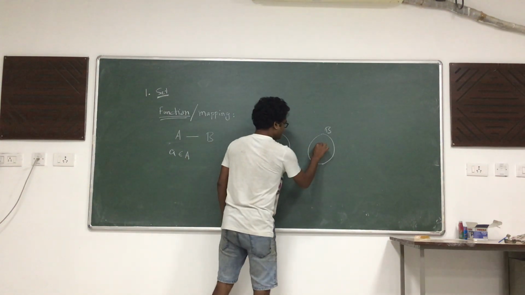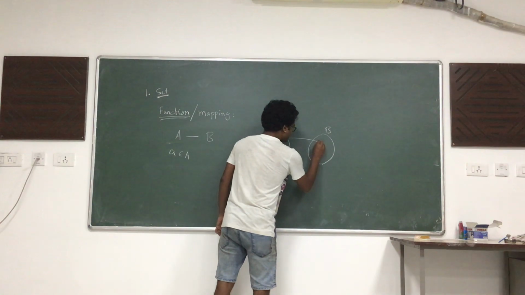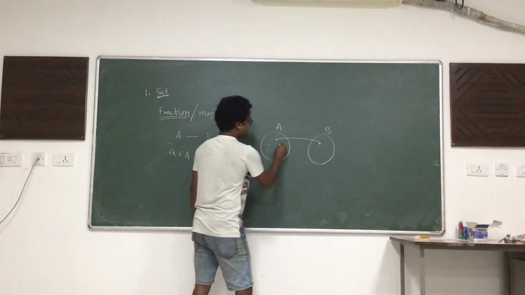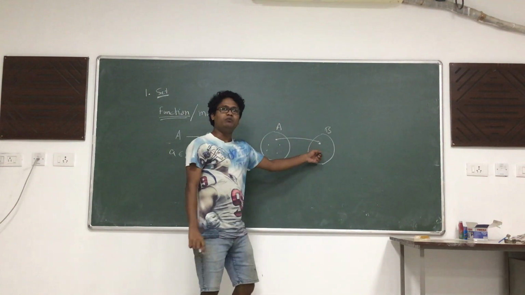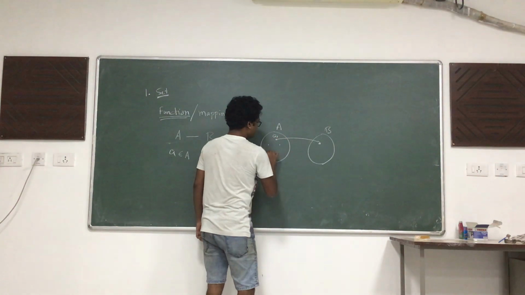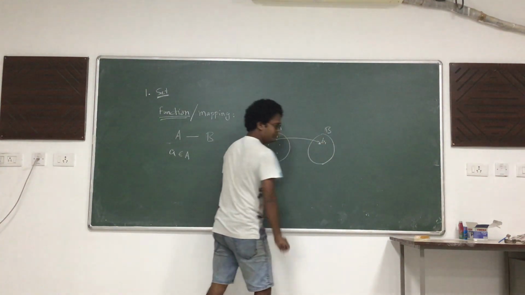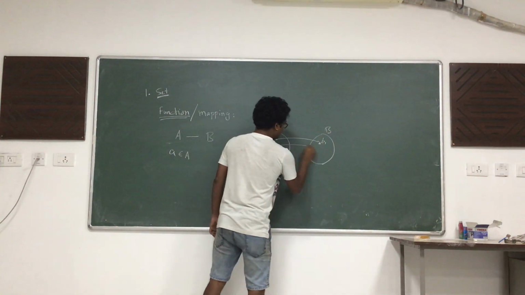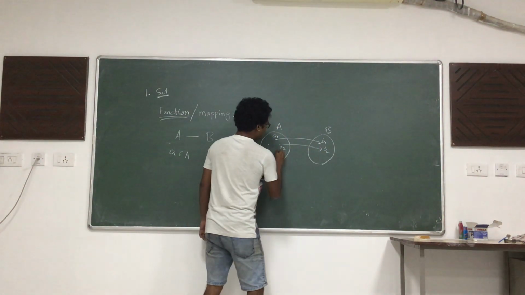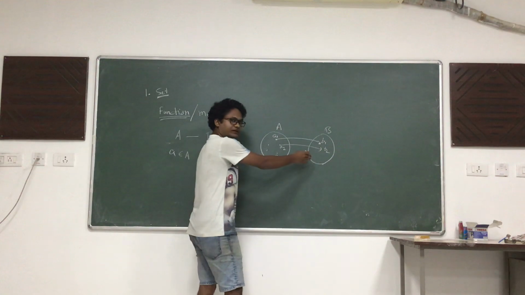Exactly one element in B, and that is your rule of assignment. So for every element in capital A, you assign exactly one element in B. So let's say this is A1, you assign an element B1 here, another element B2 here for A2, and for A3, you may assign the same element in B.